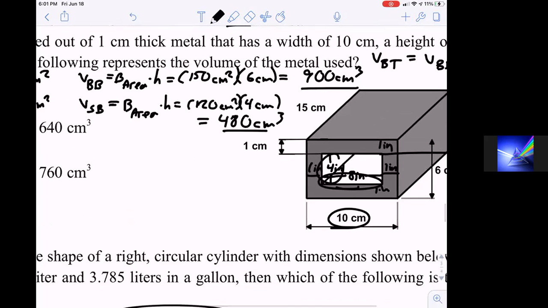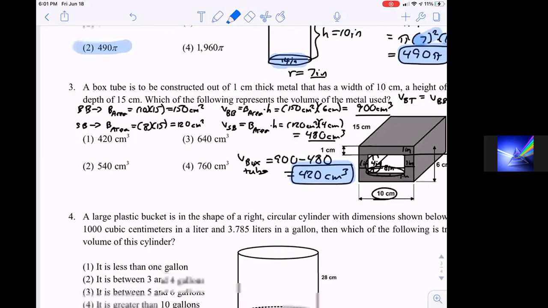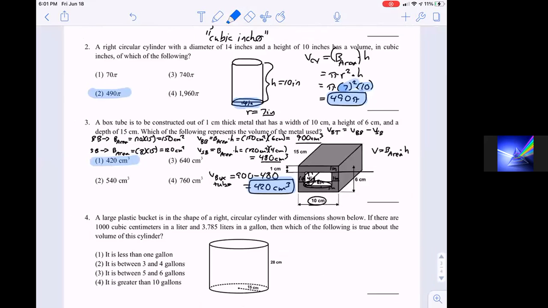So the actual volume of the box tube itself is going to be the 900 minus the 480, which comes out to about 420 cubic centimeters. And that's option number 1.